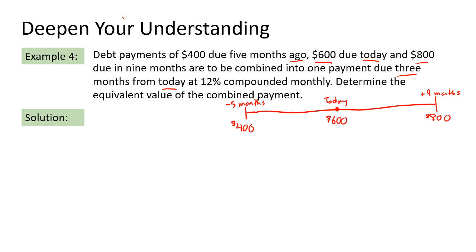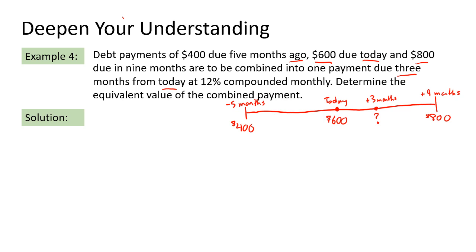Now what the question is asking is that they are to be combined into one payment that's due 3 months from today. So 3 months from today would be in the future, so plus 3 months. And you don't know what that payment is. So you need to figure out what the value of each of these three payments is, the $400, the $600, and the $800, at the period of time 3 months from today.